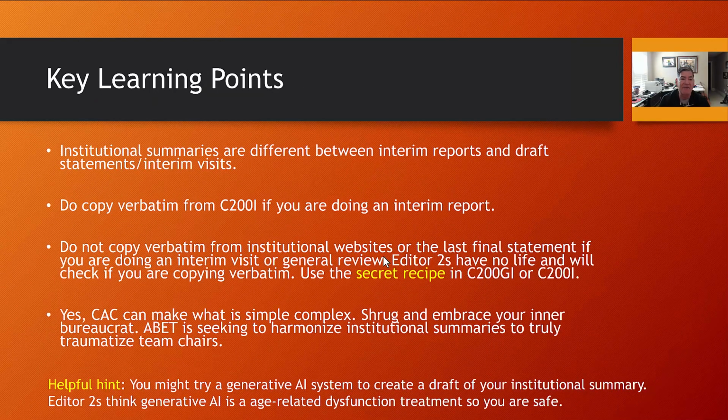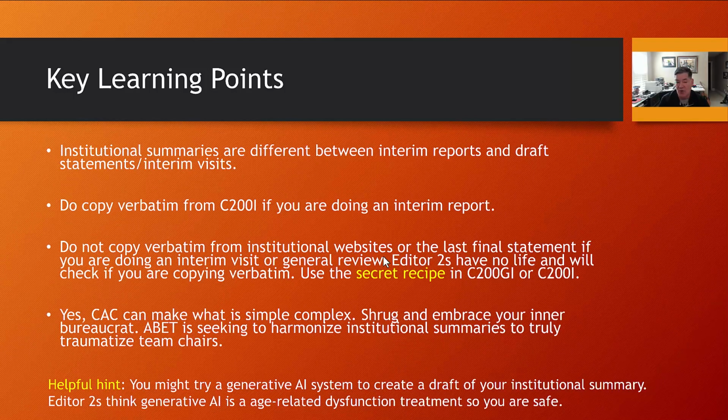All right, so let's revisit this. Institutional summaries are going to be different between an interim report, which has its own format, and a draft statement or interim visit. For the interim report, you do want to copy exactly what I showed you earlier in this presentation, or you can go to C200I and it's listed there for what you should paste in.